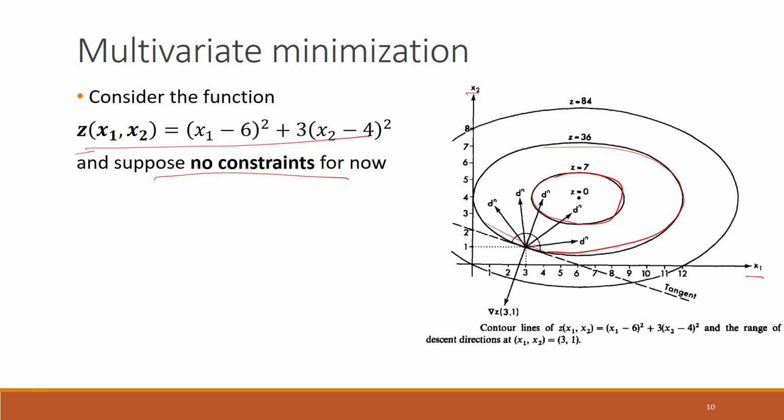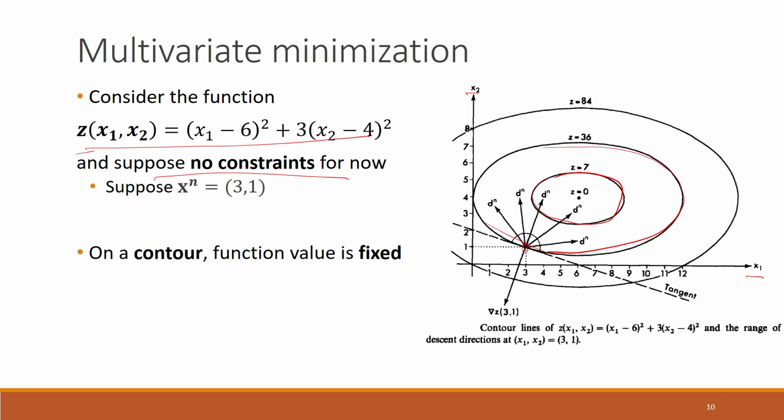So suppose we are currently at this point 3 comma 1. So your xn, that is at the nth iteration where we are currently at, is this point 3 comma 1, okay, this point. So this is saying the same thing: on a contour, the function value is fixed.